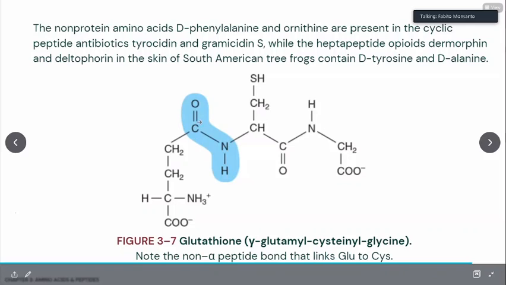This is the carboxyl group. So you have gamma glutamyl cysteine glycine. So you have here glutamate, and this one your cysteine, which has an SH group there, and then this is your glycine, and this is your glutathione.